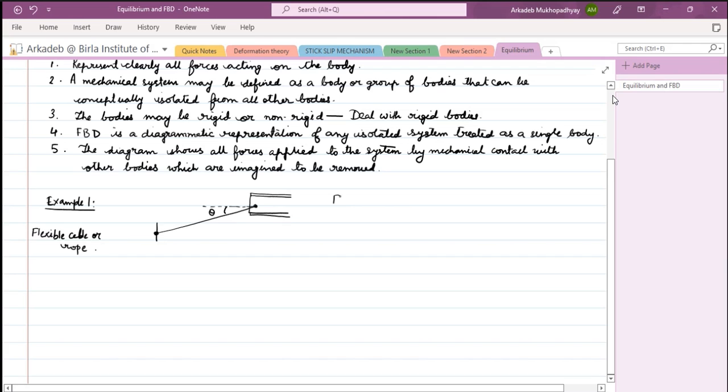So the force exerted by a cable, of course a flexible cable, is always a tension away from the body, in the direction of the cable.